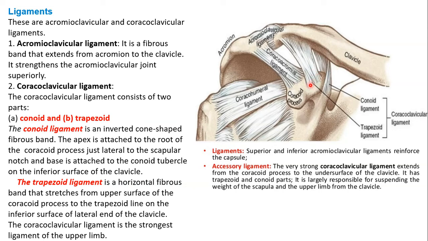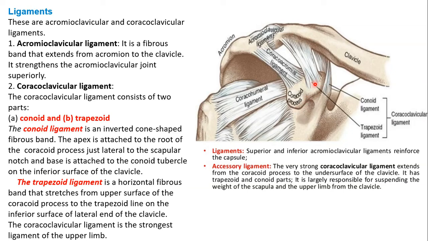And the trapezoid part is horizontal, not in a twisted form, not in a cone form. This ligament, which is a part of the coracoclavicular ligament, is known as the trapezoid ligament. It is stretched from the upper surface of the coracoid process. This is the coracoid process of the scapula.